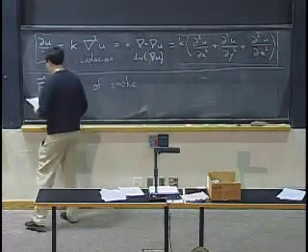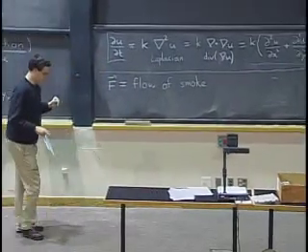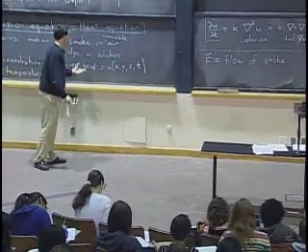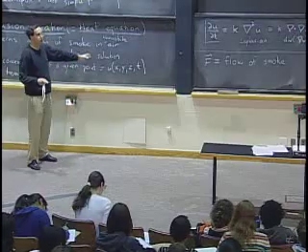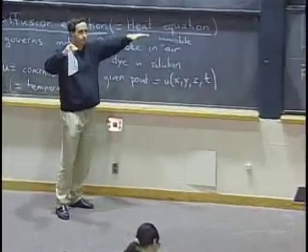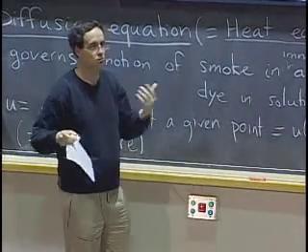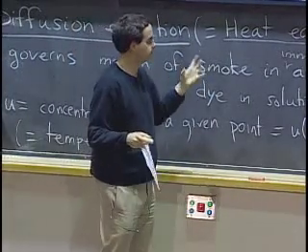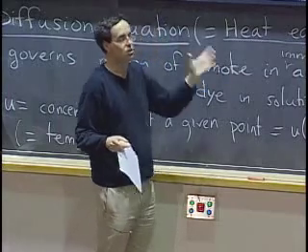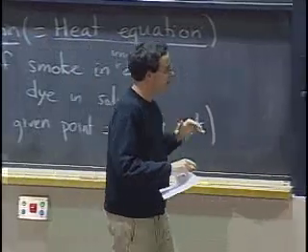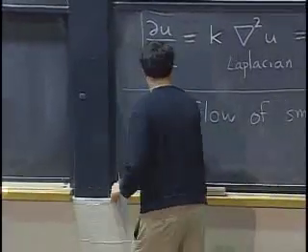So there's two things to understand. One is how the disparities in the concentration between different points cause the flow to be there. How smoke will flow from the regions where there's more smoke to the regions where there's less smoke. And that's actually physics. But in a way, it's also common sense.